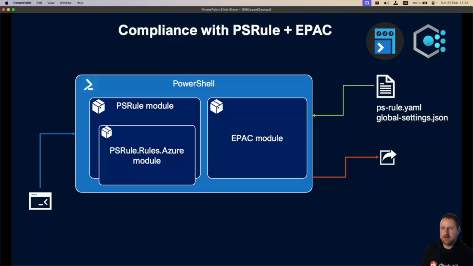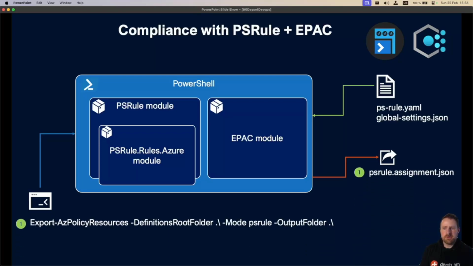But thanks to a combination of two great tools, PSRule for Azure, which we mentioned already, and a second one, EPAC, or Enterprise Policy as Code, we can actually achieve that. The way it works is quite simple.